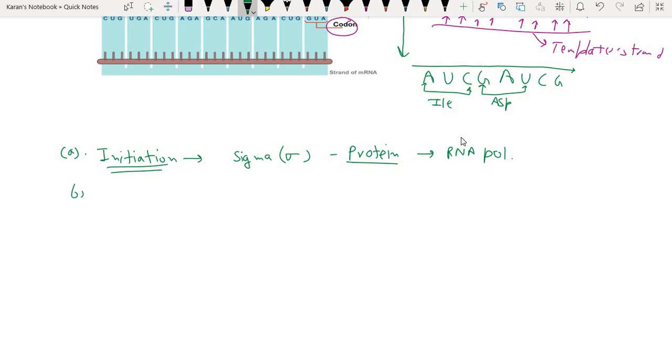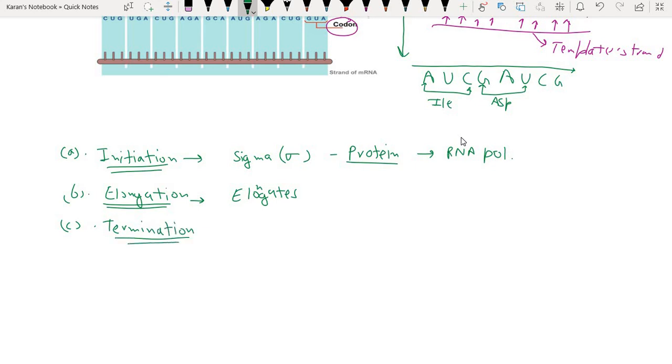Then occurs the next stage, elongation, where the complementary bases are being added and the whole strand of RNA elongates, right? Then the third step, which is the last step, is termination.